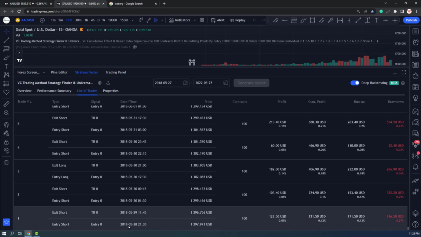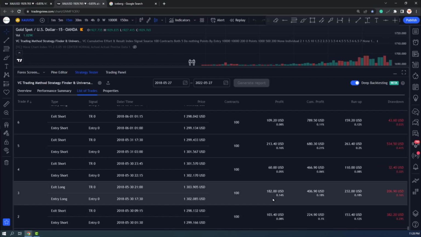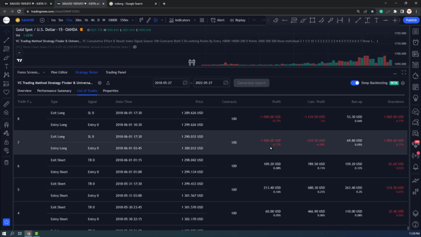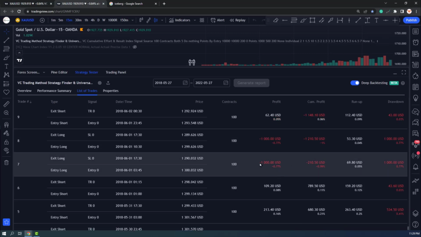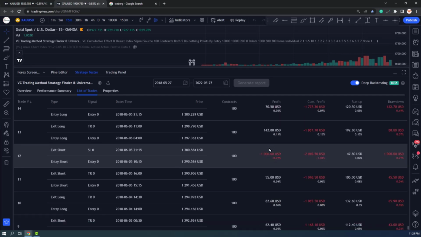You see, the first trade it took was on 28th of May 2018. This is the profit of the trades. This is the loss. You can see here, the 2 consecutive, this is the stop loss. You can see here, SL, stop loss, profit, stop loss.